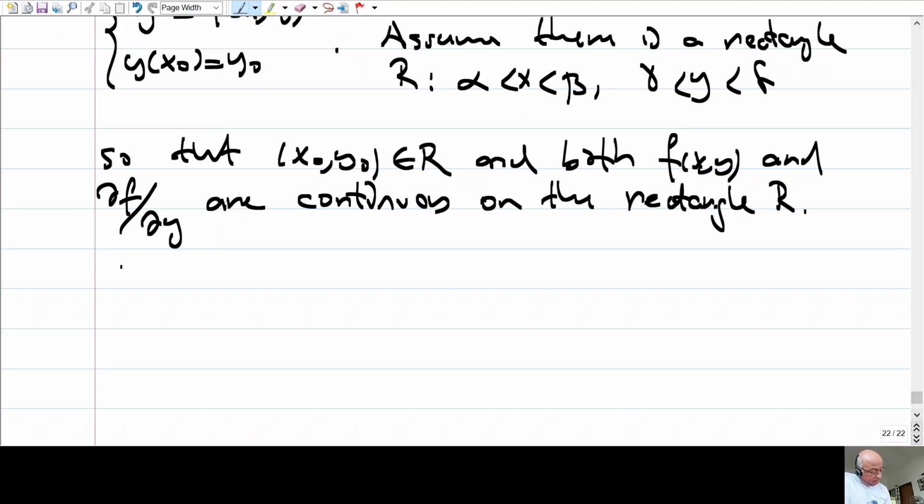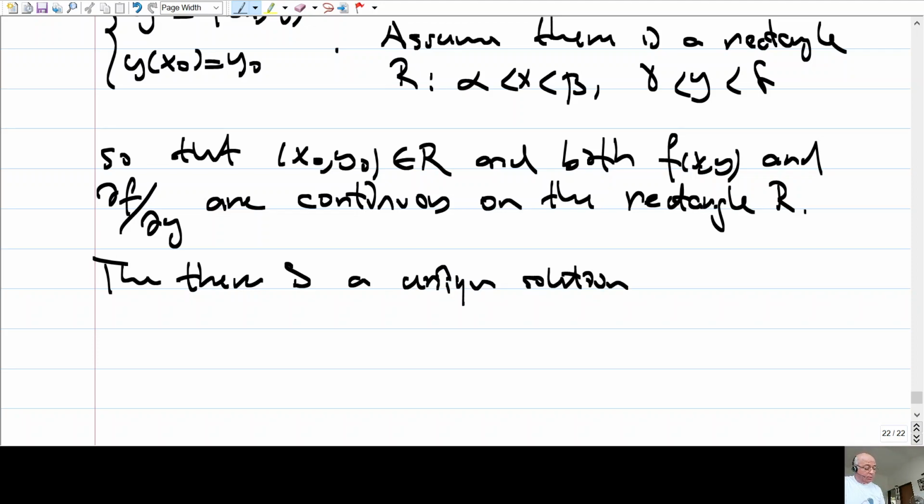Then there is a unique solution, y equals phi(x), to the above initial value problem.